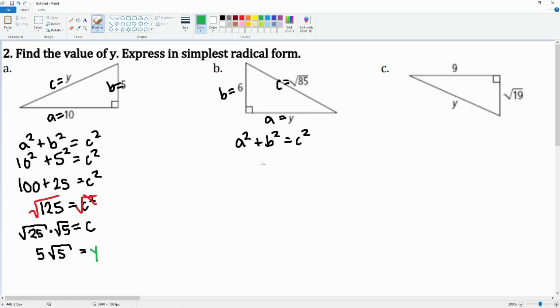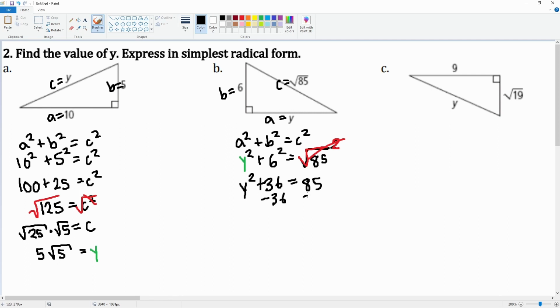So let's plug it in. a is y, so y squared plus 6 squared is equal to radical 85 squared. Nothing happened to the y squared. The 6 squared becomes 36. The square and the square root cancel, leaving you with just 85.